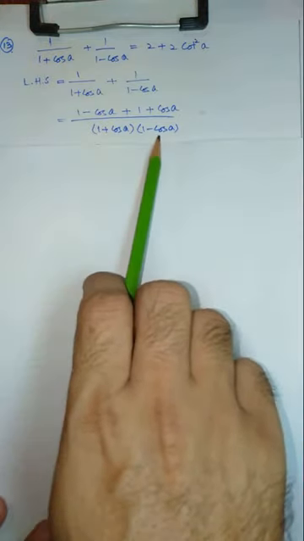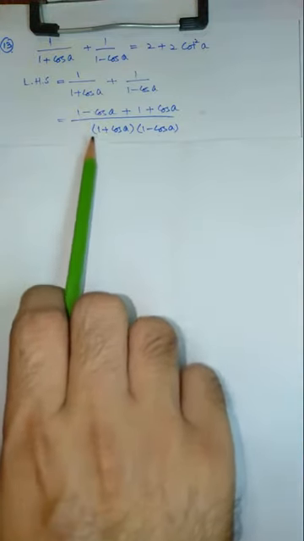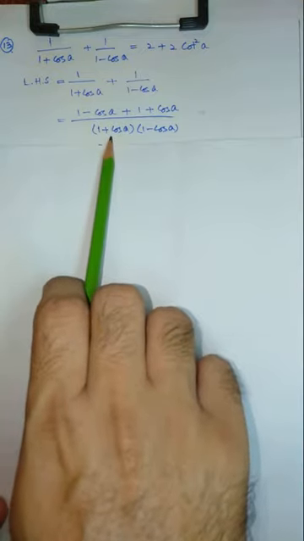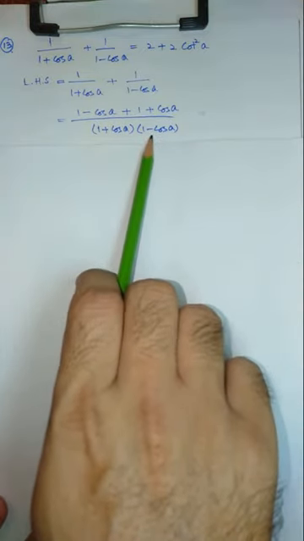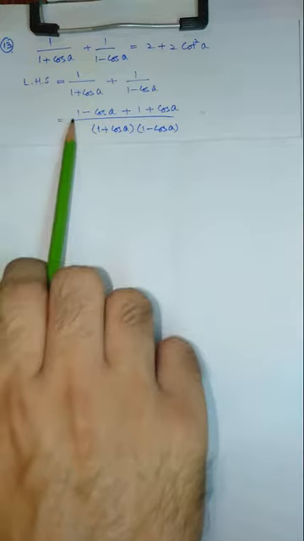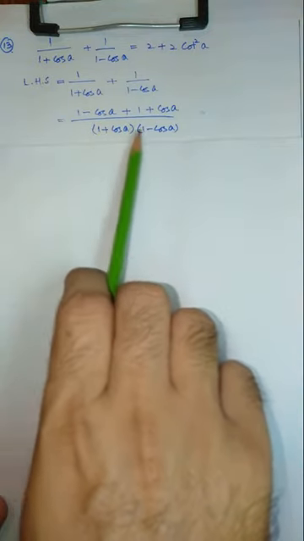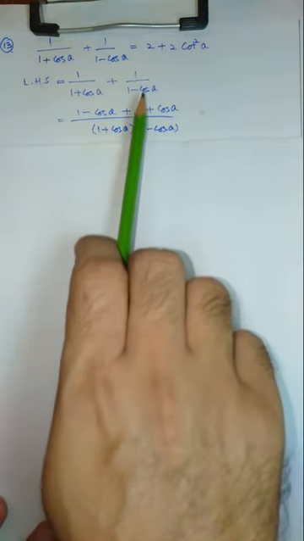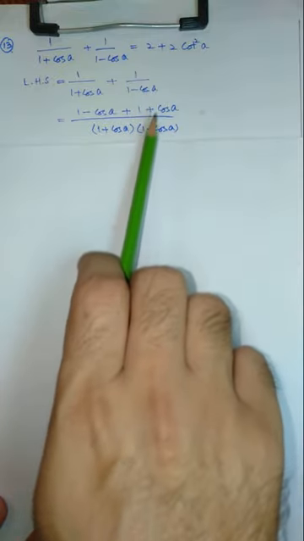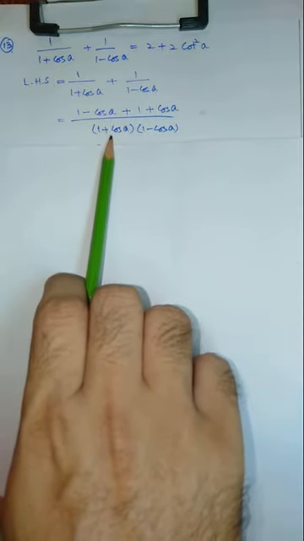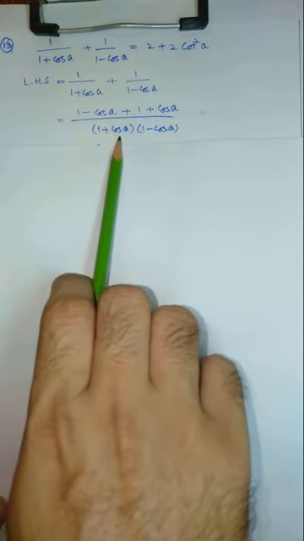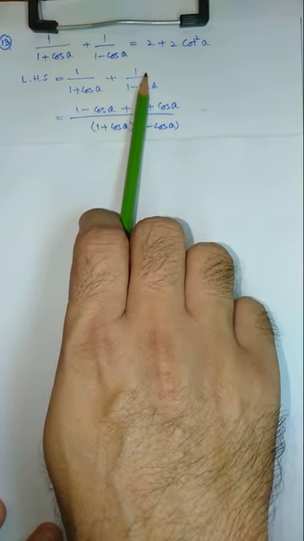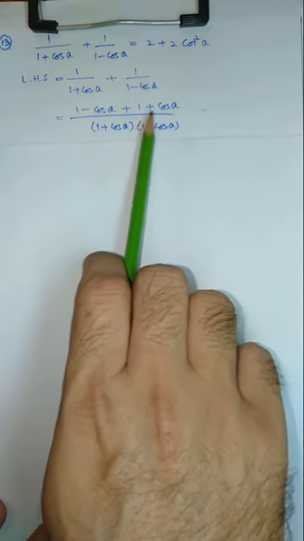So divide this LCM by this denominator, so these two terms are cancelled and it will multiply this term with the numerator, which is equal to 1 minus cos a. Again divide this LCM by this denominator, so these two terms are cancelled and we will multiply 1 plus cos a with the numerator 1, which is equal to 1 plus cos a.